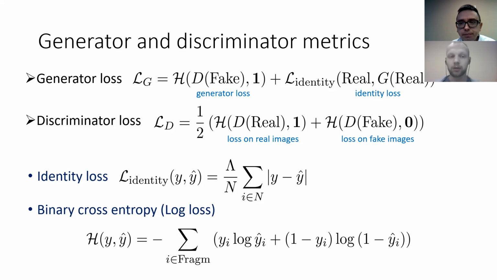And the discriminator loss also consists of two parts. First, it needs to estimate the real image as close to all ones as possible, and it also needs to estimate the fake image as close to all zeros, meaning fake, as possible. The idea is that if the discriminator loss is close to 0.5, it is ideal, meaning it cannot distinguish between real and fake images.